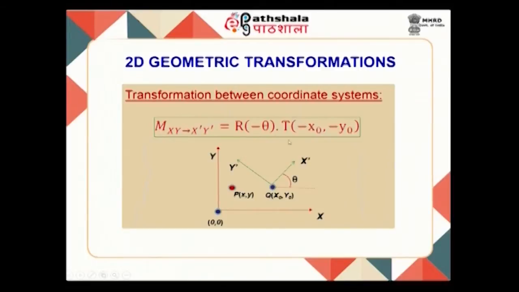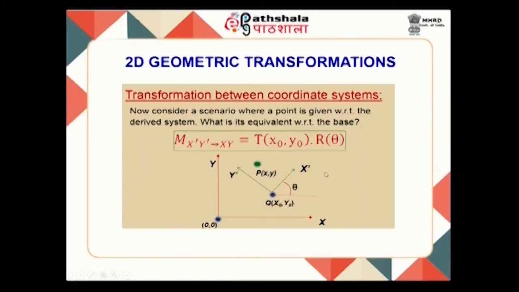Multiply these two, that is your composite matrix. Multiply the point P x comma y with this composite matrix to get the equivalent point with respect to the derived coordinate system. So, these are the steps with respect to the derived coordinate system.